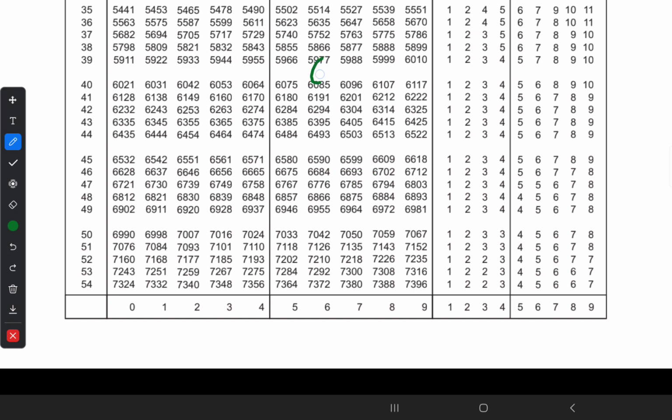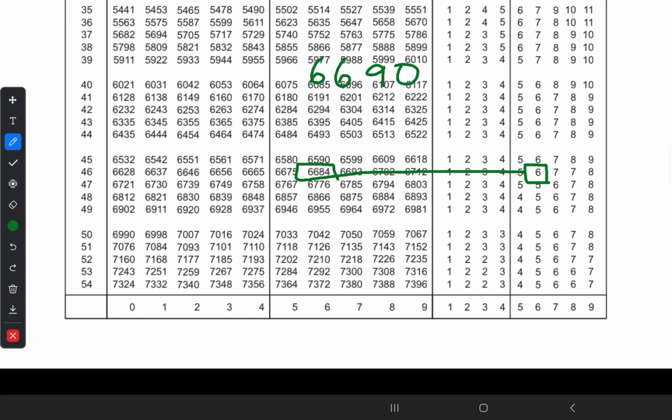We need exactly 6690. That means let's select 6684. With that, when we add number 6, that will give you 6690. So in the same row, let's find the 6 as mean difference. Yeah, here we obtained it.